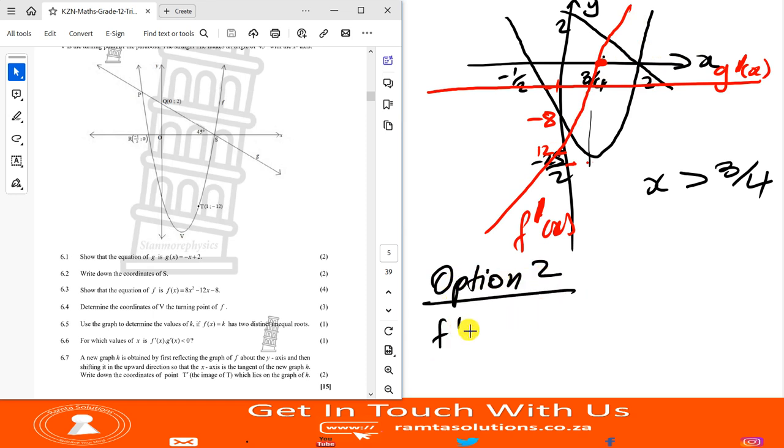We said f prime x was 16x minus 12, and g prime x was negative 1. Now what do we do?